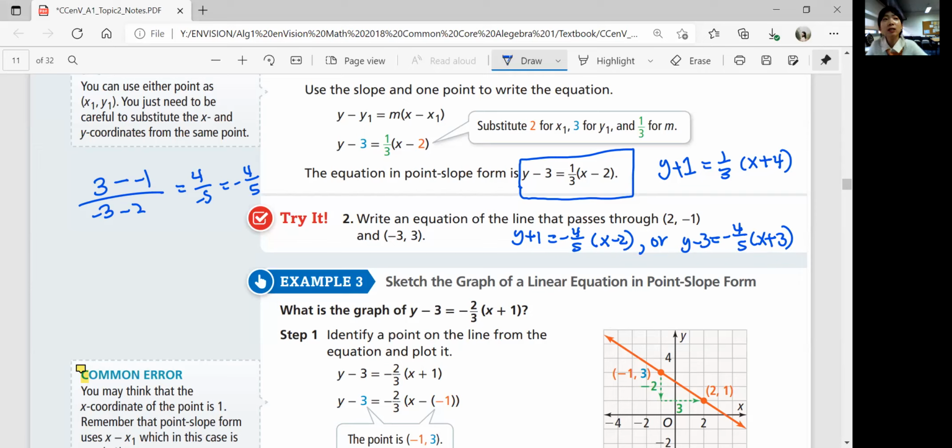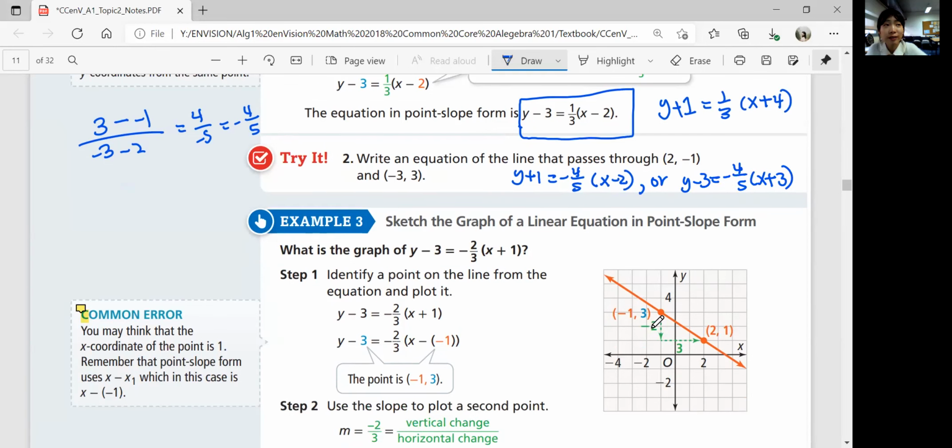Example 3, sketch the graph of a linear equation in point slope form. What's the graph of y minus 3 is equal to -2/3 times (x plus 1)? Step 1. First, you're going to identify a point on the line, any point on the line from the equation, and plot it. How do you find the point? You're going to substitute values.